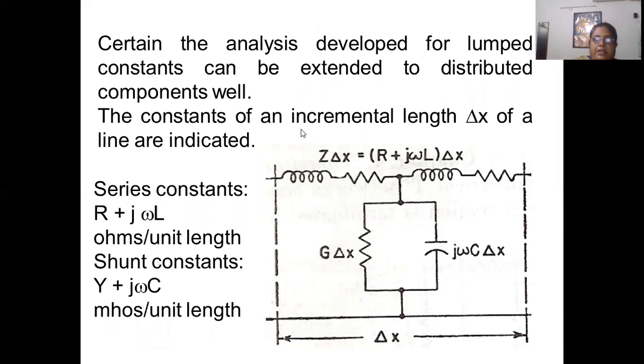Here, we have taken the constants of an incremental length, that is del x, of a line, indicated as series constants. Here we have taken the series elements, inductor and resistance, and the shunt components, which we have taken as G plus j omega C, or the admittance.